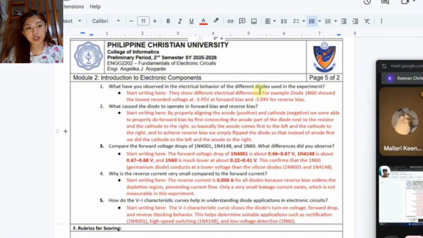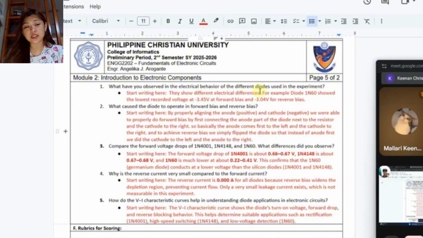For number 4, why is the reverse current very small compared to the forward current? The reverse current is very small compared to the forward current because when the diode is under reverse bias, the depletion region widens. As a result, the movement of majority charge carriers is blocked, preventing significant current flow through the diode. During the experiment, when we measured the reverse current using a multimeter, the reading was approximately 0.00 ampere.